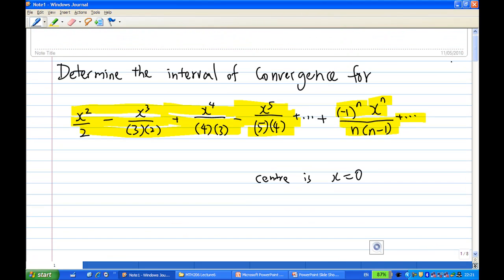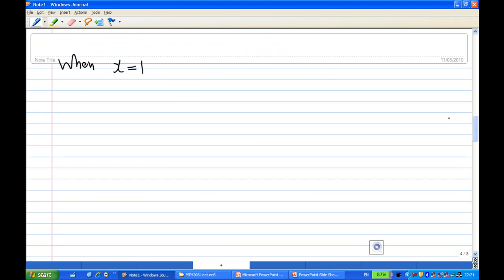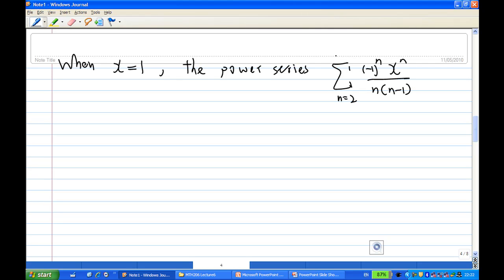It's actually the sum of (minus 1) to the power n, x to the power n, over n times n minus 1, from n equal 2 to infinity. When you put x equal to 1, it becomes the sum from 2 to infinity of (minus 1) to the power n over n times n minus 1.